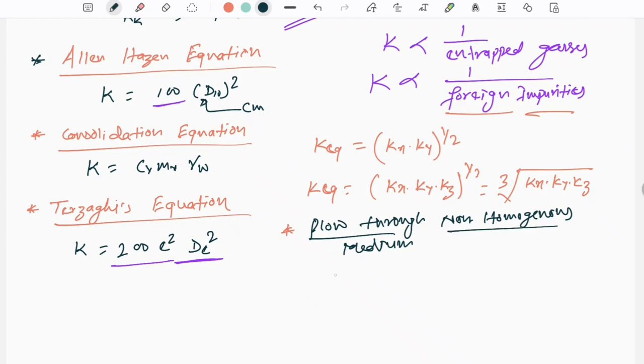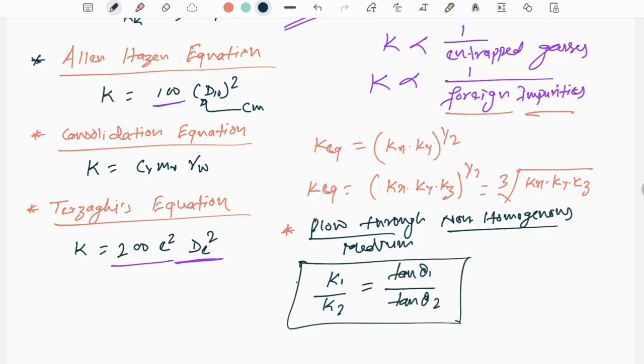In that case, if it is at a different angle, then the ratio of permeability k1 for one layer and permeability k2 for the other will be equal to tan theta 1 divided by tan theta 2. From this relation, if 3 unknowns are there, then you can easily find the fourth one.